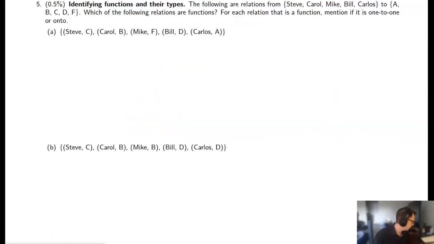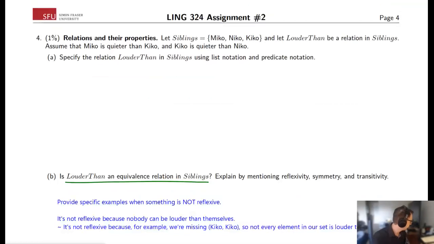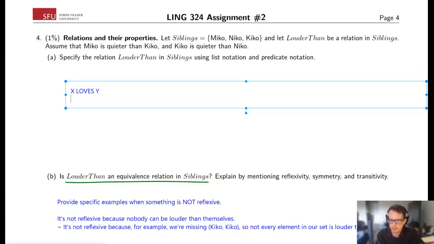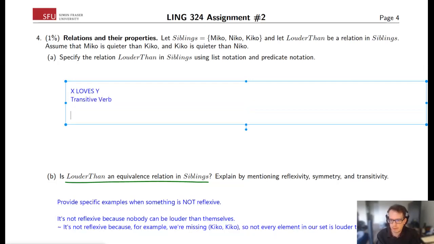Predicate notation, yeah. So this is just about putting things into words. So there was a slide where I talked about how to treat intransitive, transitive, and ditransitive verbs with relations. So this is very similar to something like loves, where we say in English, we can frame a sentence as X loves Y, for example. So this is an example of a transitive verb.